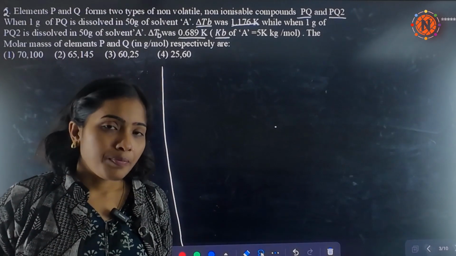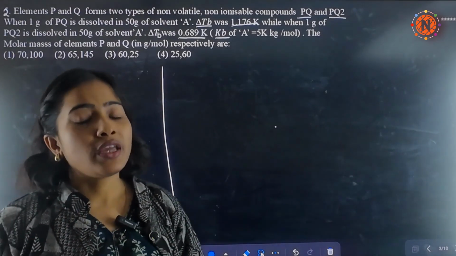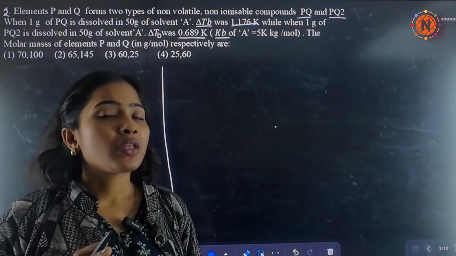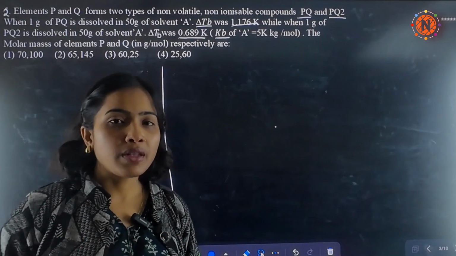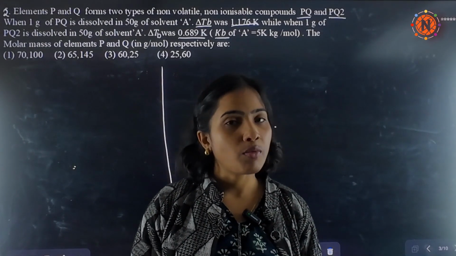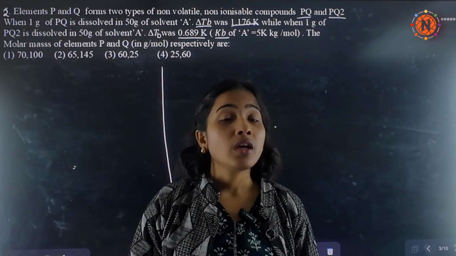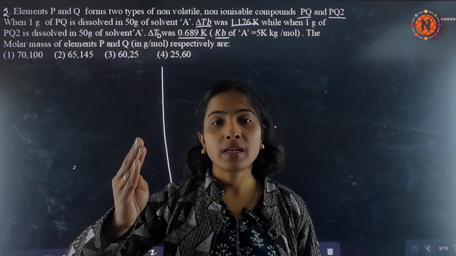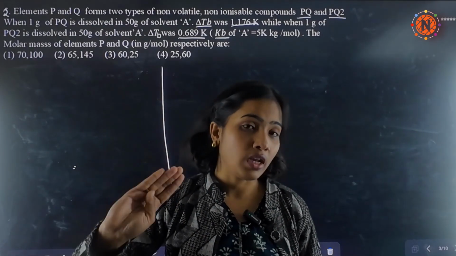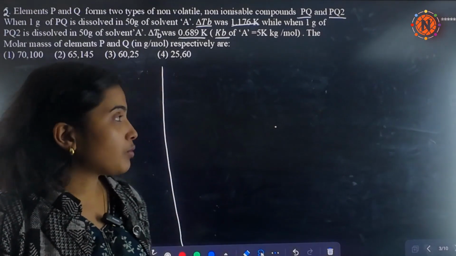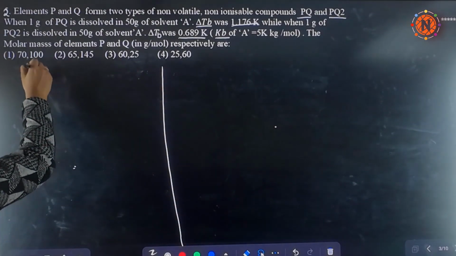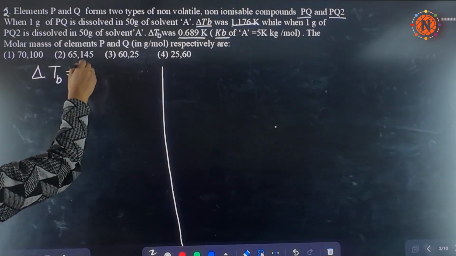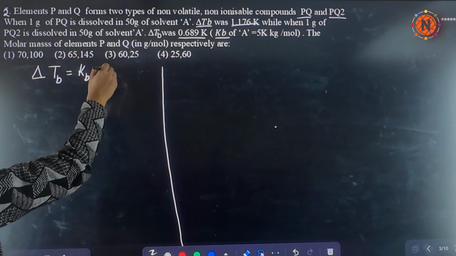Whenever you mix a solution, its boiling point changes. In the pure state, the water's boiling point is 100 degrees, right? If I add a solute, then its boiling point increases. That is the elevation of boiling point. So there, one equation was given to us: delta TB equals Kb into molality.